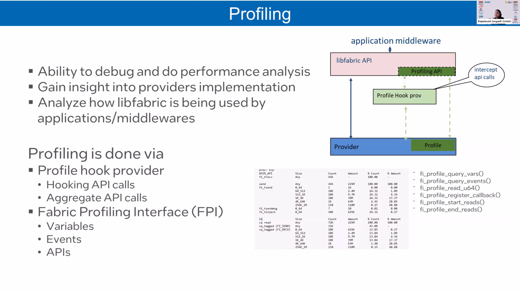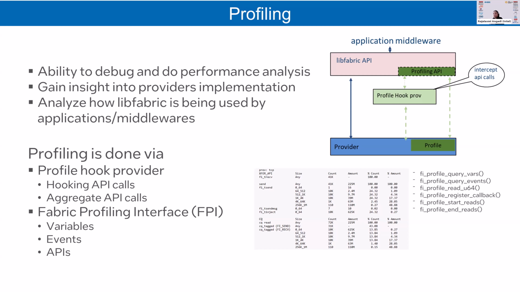We can also gain insights into how a particular provider is implemented, understand what its limits are, and how we can optimize the resource utilization there. It can also provide aggregate statistics in Libfabric, and this profiling tool is also very lightweight.